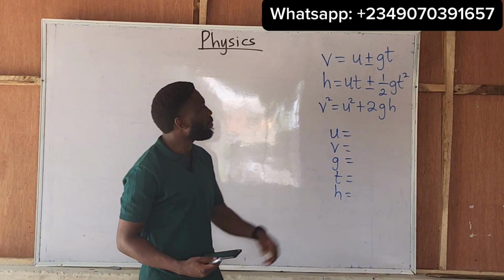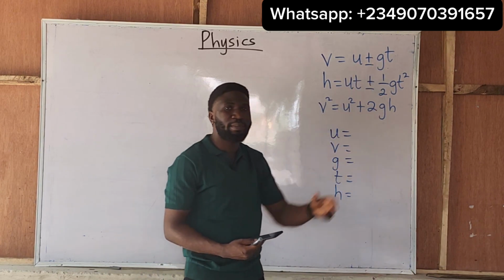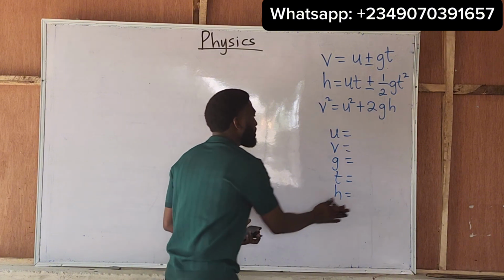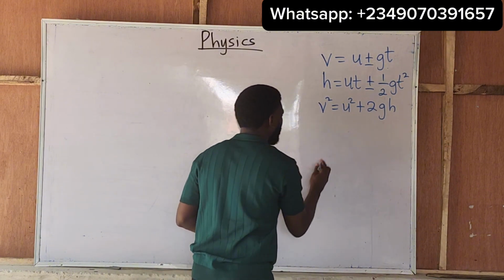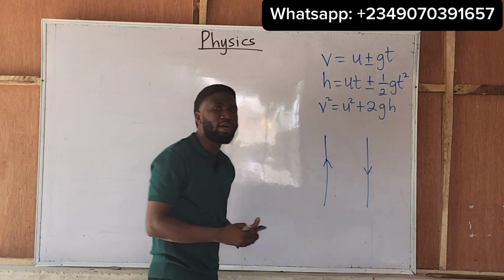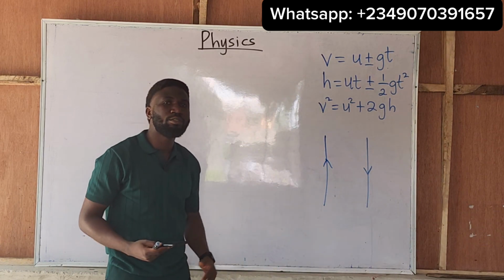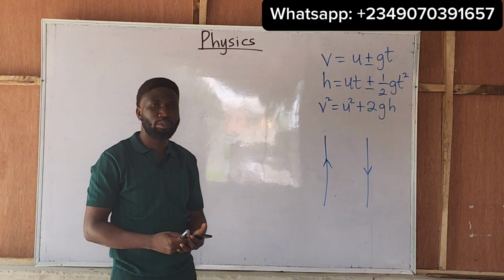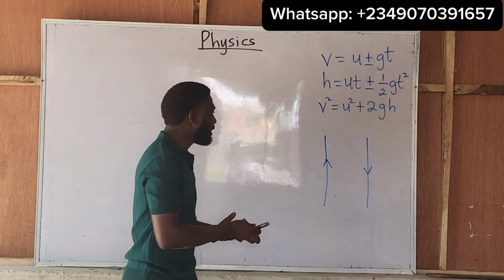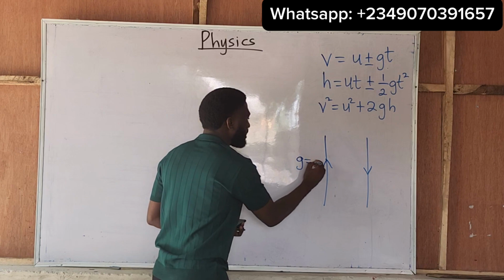Then we can also see that we have plus here as well as minus. What does that mean? Whenever an object is thrown vertically upwards, G is negative.